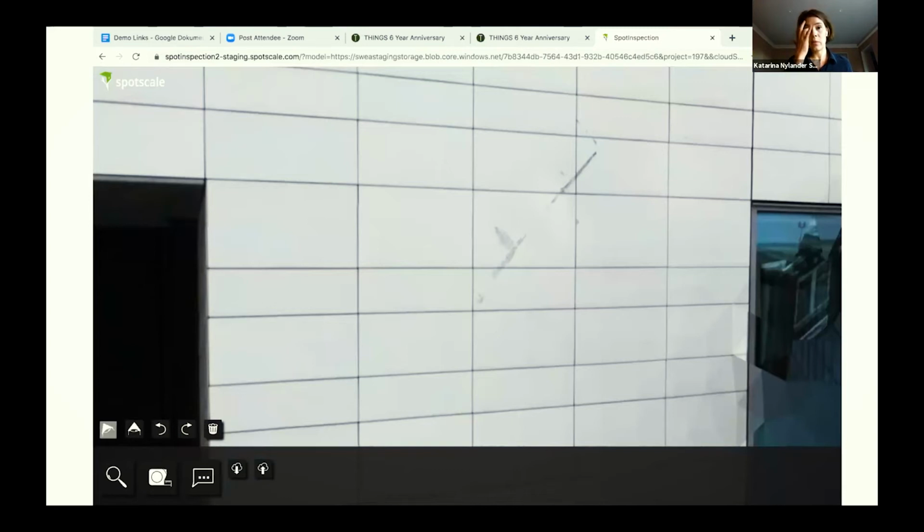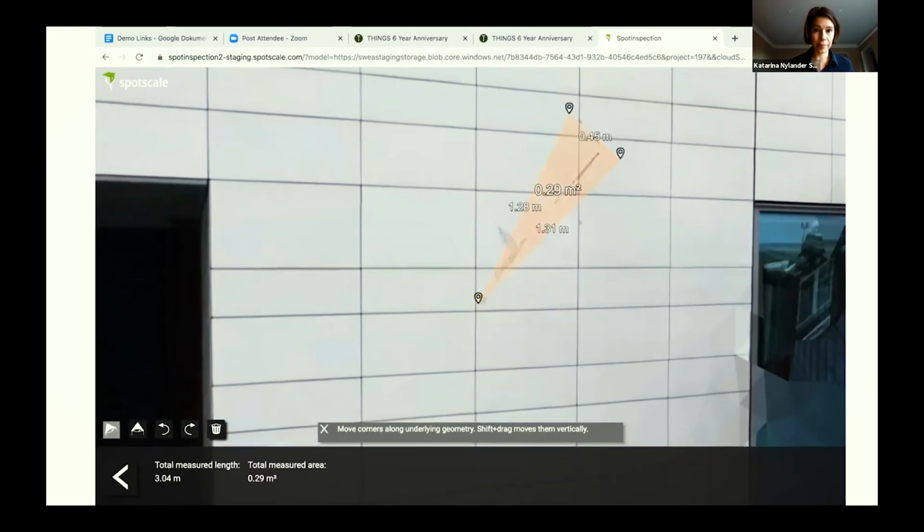The resolution in the images is about 2-3 millimeters per pixel, which makes the resolution of the 3D model around 5 millimeters. And it's enough to find anomalies and faults on the facade. Here we can see some. If we zoom in, you see some dirt here on the facade. We can measure it.